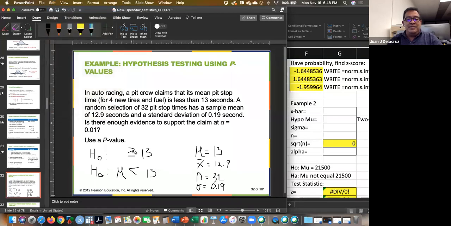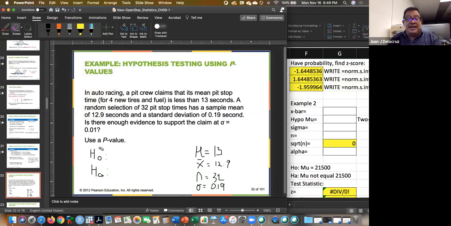So let me erase this part, of course. So I am going to determine two things. So first of all, if I am starting a case like this, I'm going to sketch my two hypotheses.